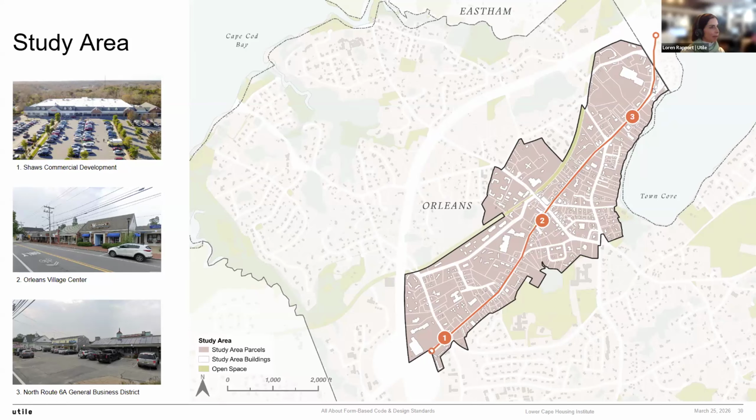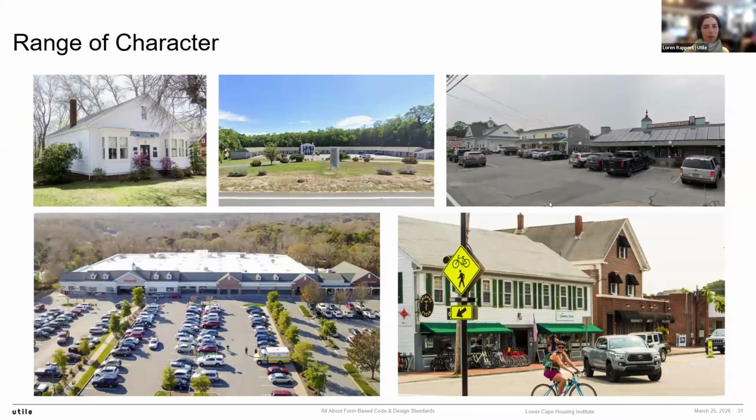And then we have this part of the study area to the north, which is, I'll say, more auto-oriented, parking facing the street, large setbacks and development. So these were all things that we were studying as we were getting into the zoning and thinking about what exactly we needed the new zoning to respond to.